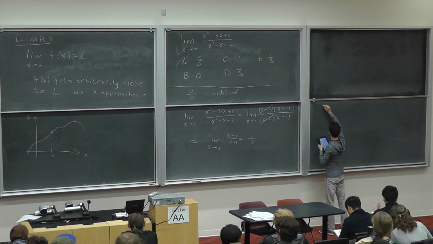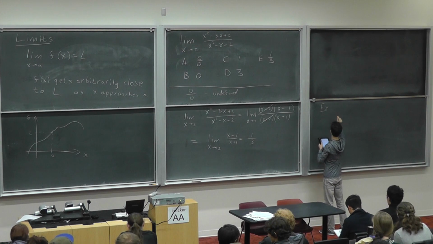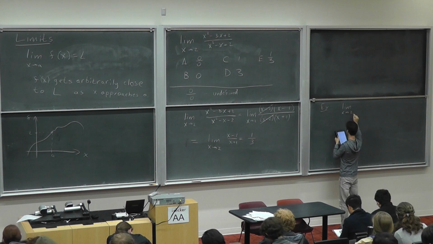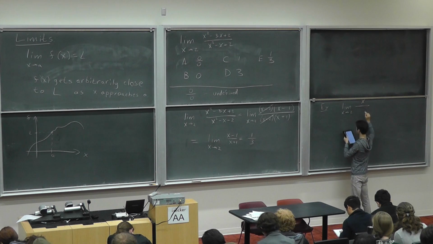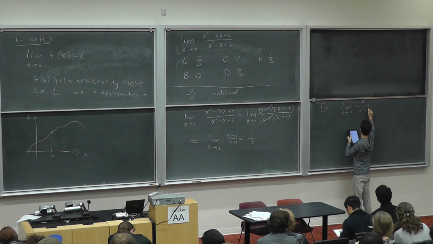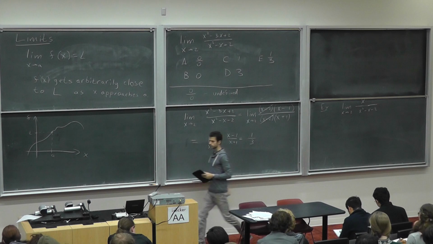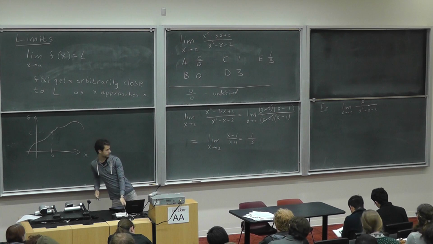Let's do another exercise, for example, the limit as x approaches 2 of 2 divided by x squared minus x minus 2. Same denominator, but a different numerator.